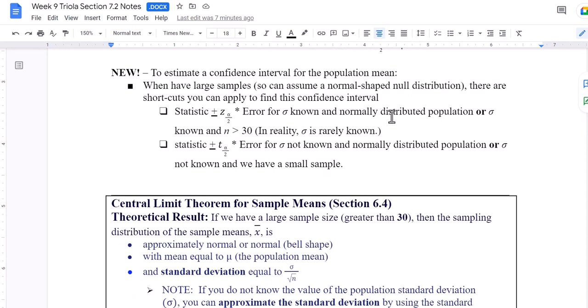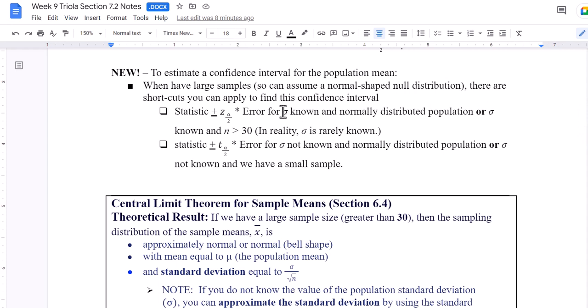In this section, we're going to talk about the confidence interval for a population mean. When we have large samples and we can assume a normal shape distribution, there are shortcuts that we can apply to find this confidence interval. We're still going to use the statistic plus or minus the z-score multiplier times the error when we know the population standard deviation.